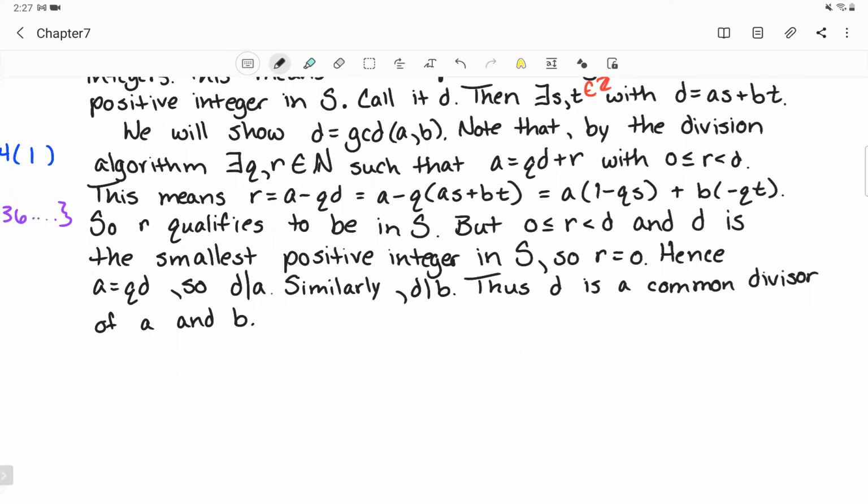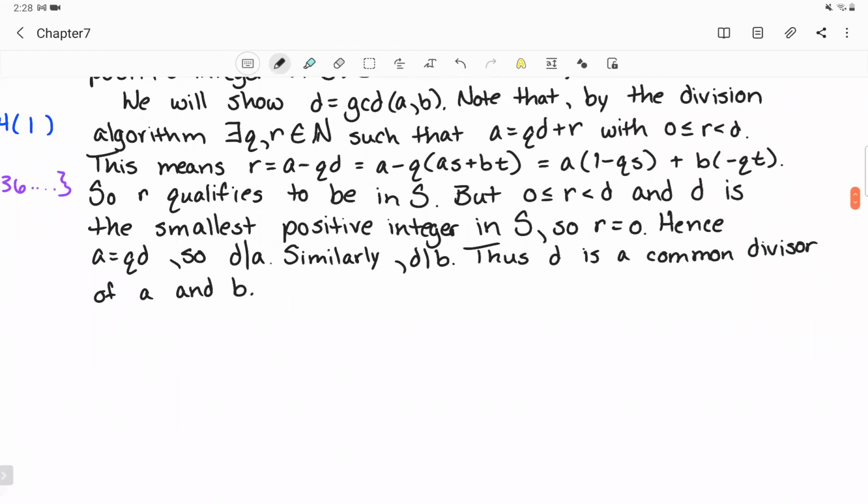That it's the biggest common divisor. It's the greatest, right? We showed it's a common divisor. Now we need to show it's the biggest. So what we're going to show is that it equals the GCD basically. So it does divide both. It is a common divisor. All right.